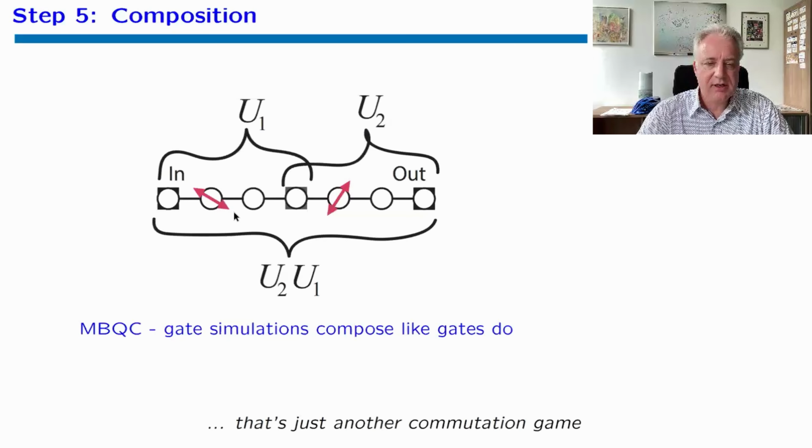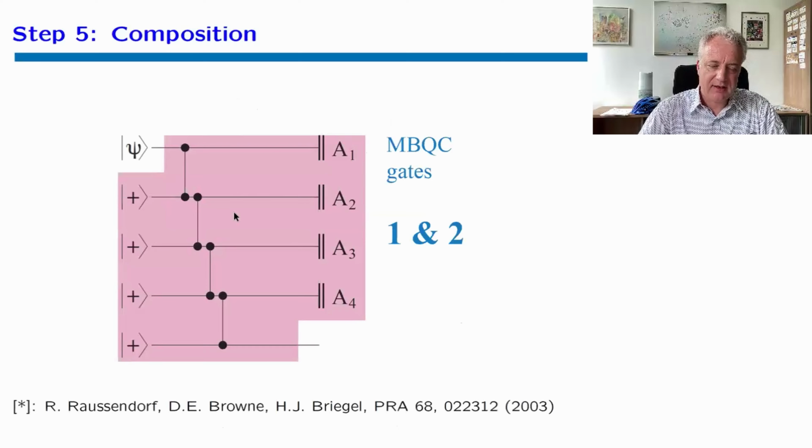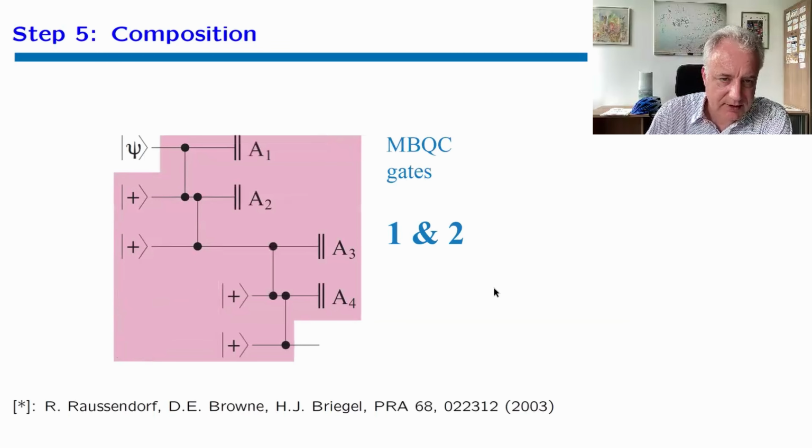That needs to be shown, and that's just another computation game. So let's play that. You have 2 concatenated MBQC gate simulations. What you see here is a cluster state with input, and the first 2 measurements realize one gate, and the second 2 measurements realize another gate. What we do is change the temporal order of commuting operations, like so.